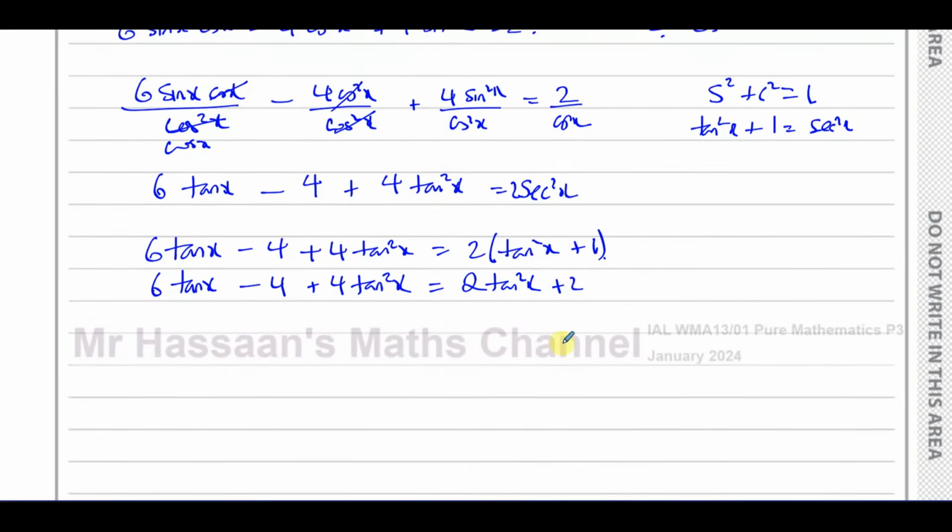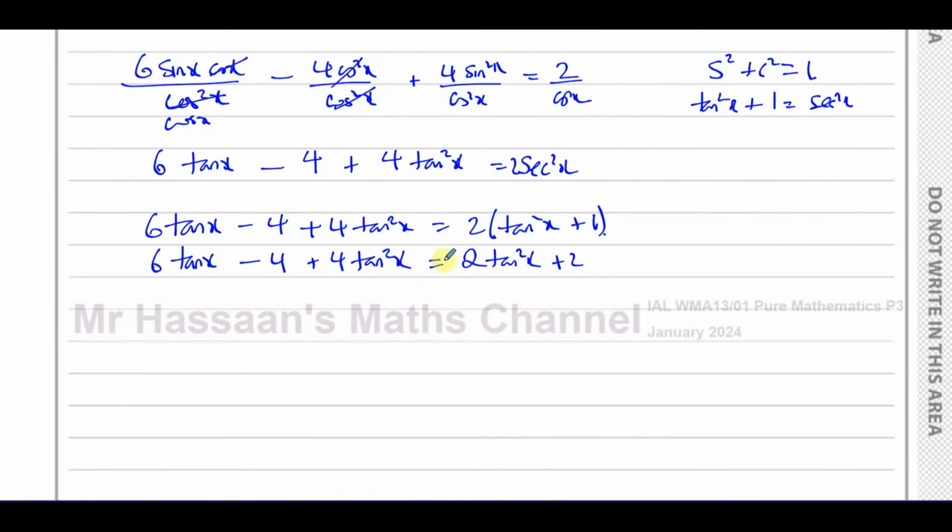Now I can make a quadratic out of this by bringing everything to one side. So I have 4 tan squared x minus 2 tan squared x, which is 2 tan squared x, plus 6 tan x, minus 4 minus 2, which is minus 6, equals 0.